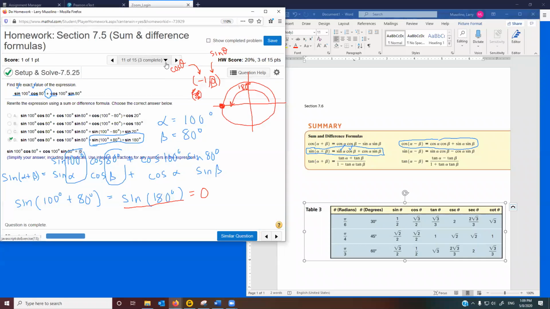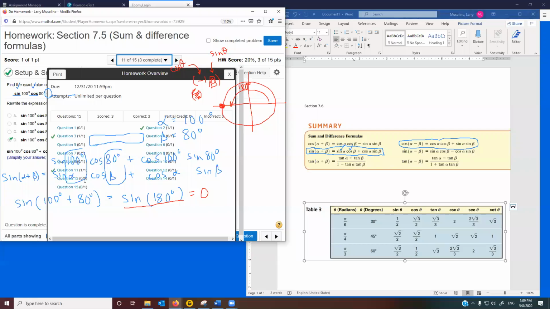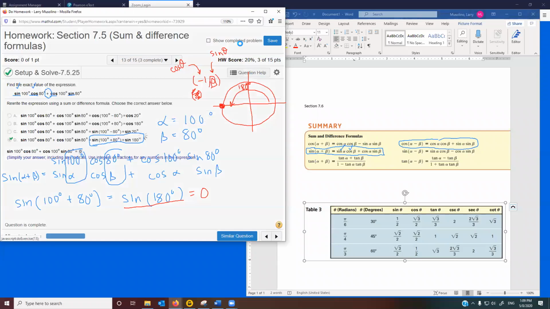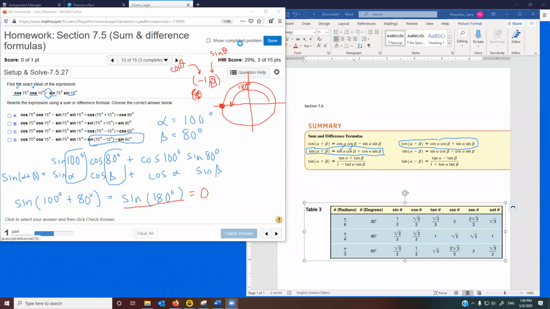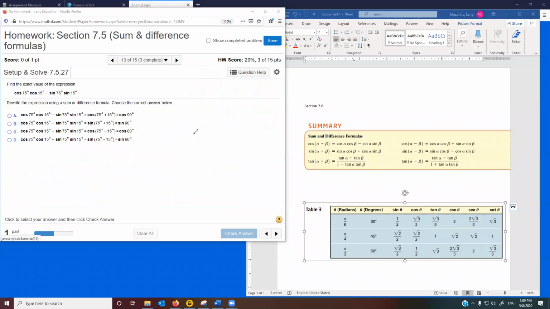All right, why don't we do one more example here. Let me clear the screen. All right, this is similar, but it's asking us to look at the expression that has a cosine and a cosine. And I'm also noticing it's a subtraction in the middle. Well, if it's a subtraction in the middle, then this is one possibility, and this is the other possibility.